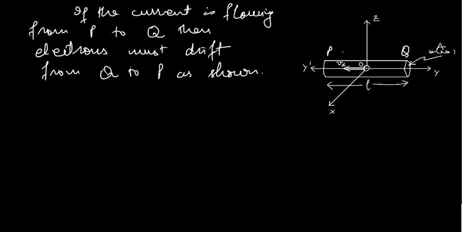If the current is flowing from P to Q, that is the direction of flow of the current, it means electrons must be moving in the opposite direction, that is from Q to P. Here we have considered one electron at the origin of the coordinate system, O, with a negative sign, and it is drifting with velocity Vd from y to y dash, that is from Q to P.